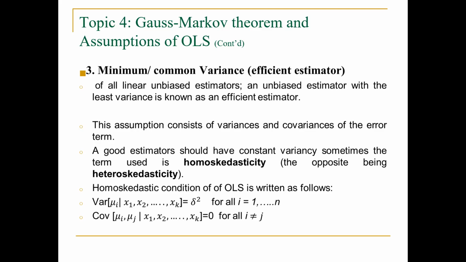A good estimator should have a constant variance. Sometimes the term used is homoscedasticity. Homoscedasticity means it has a constant variance. It doesn't keep on changing.